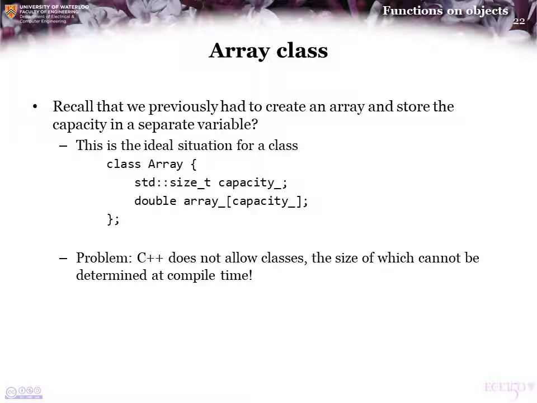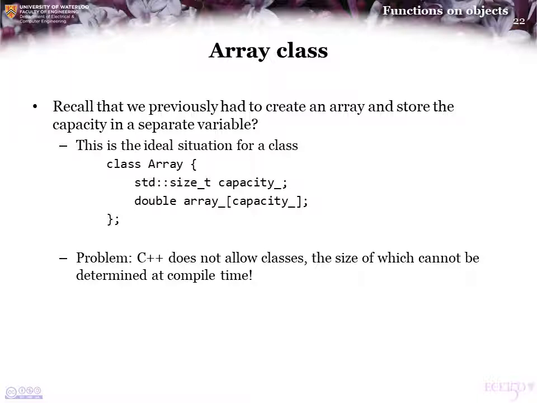C++ does not allow for any class which it cannot immediately determine the size of at compile time. What that means is I can have an array class that has an array of size 50, but I cannot have one where you decide how large the array is.